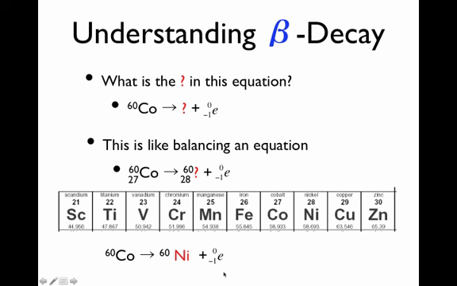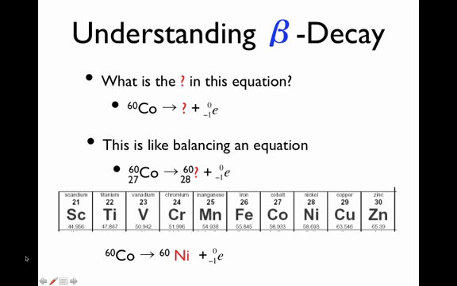But the idea behind these types of problems is that if you're given a question mark in the reaction, you can figure out what the question mark is by making sure that the weights of everything on the left and right side of the arrow balance, and making sure that the number of positive charges on the left side matches the number of positive charges on the right side of the arrow as well.